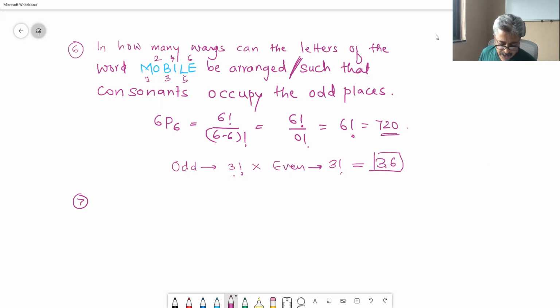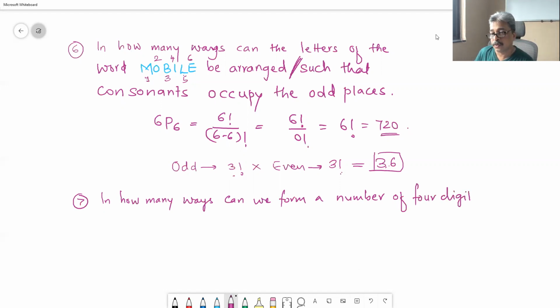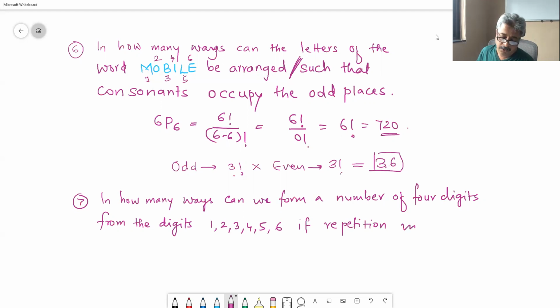In how many ways can we form a number of 4 digits from the digits 1, 2, 3, 4, 5, 6, if repetition is not allowed.